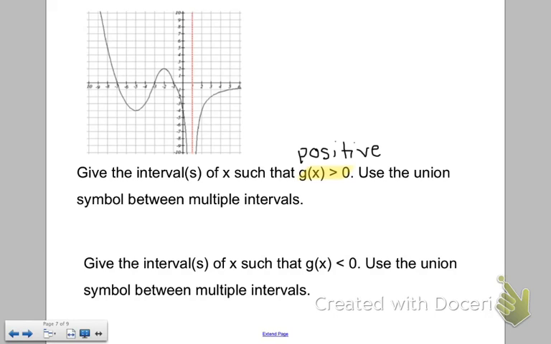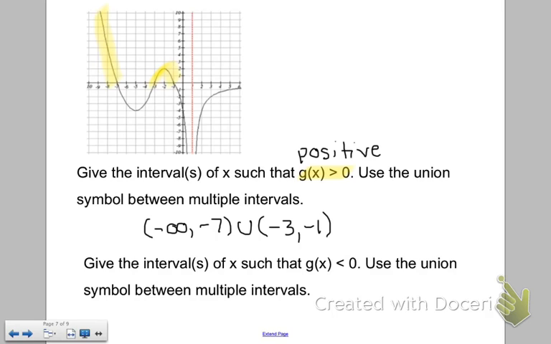Okay? So if I check out my graph over here on the left, I have this portion that's above my x-axis. I have this little hump that's above my x-axis, and that's it. Everything else is below my x-axis, which would be negative. So when I write out these intervals, I have negative infinity to negative 7, union negative 3 to negative 1.